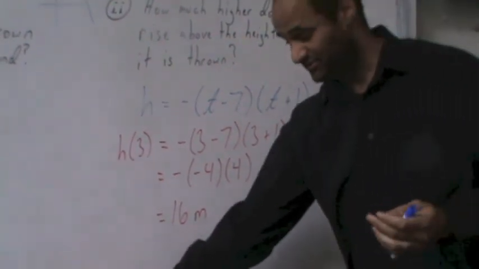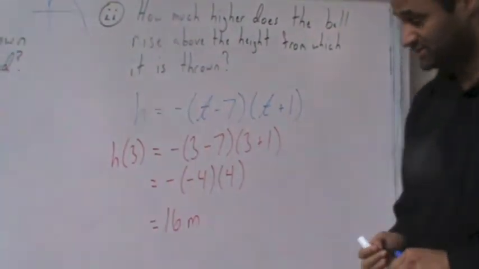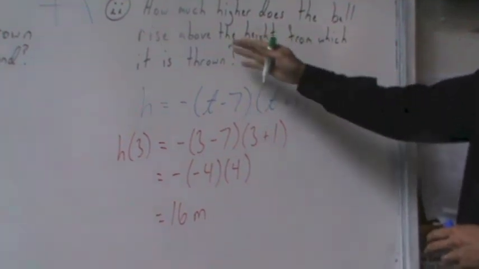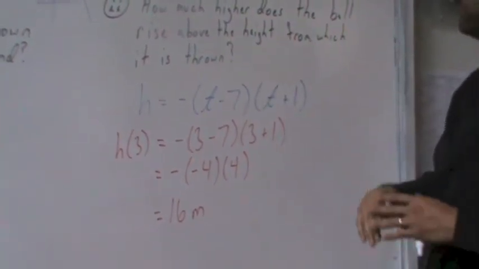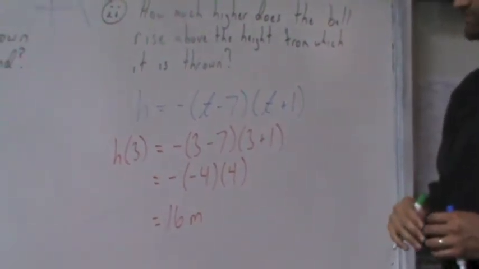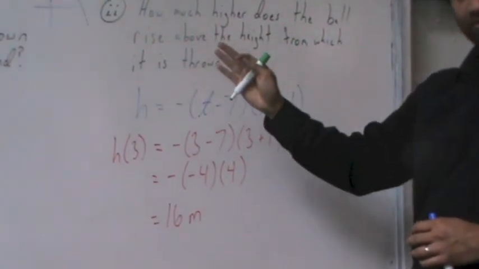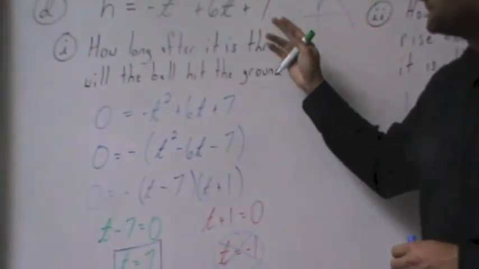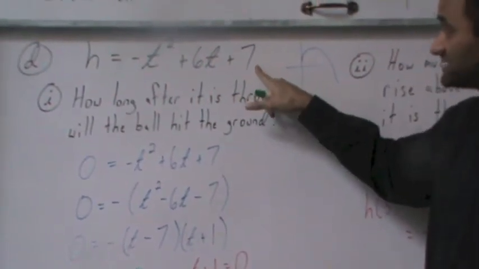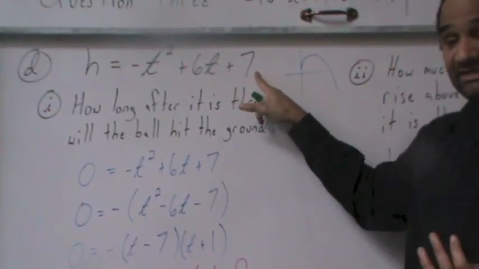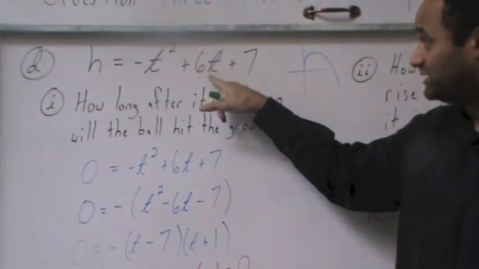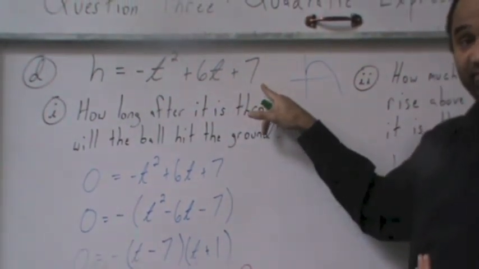Now, as it turns out, that's not what the question asked. The question is, how much higher does the ball rise above the height from which it is thrown? We look back at our original equation and we see that 7 is our initial value. When t is 0, that's 0, that's 0, we end up with 7.